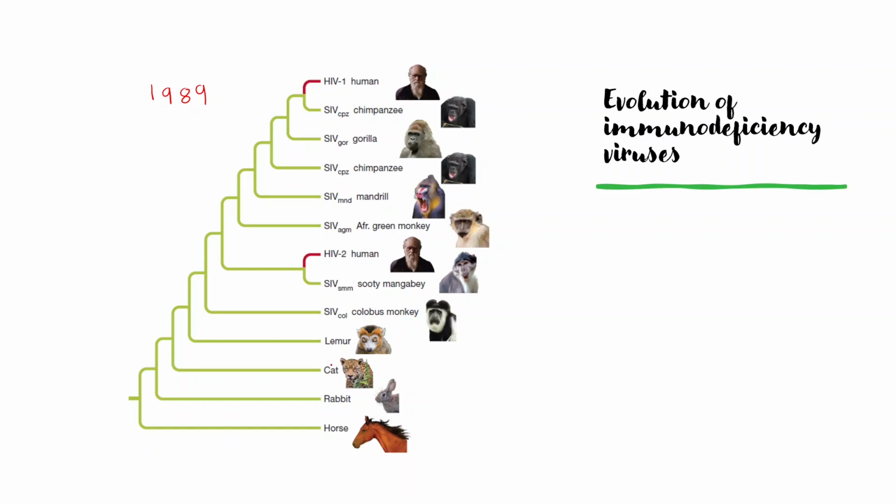Among these, HIV-1 caused the pandemic. These HIV viruses are part of lentiviruses, a group of retroviruses which infect diverse mammals. The group of viruses which infect monkeys and primates are called SIV, or simian immunodeficiency viruses.